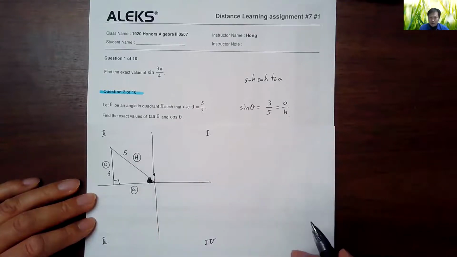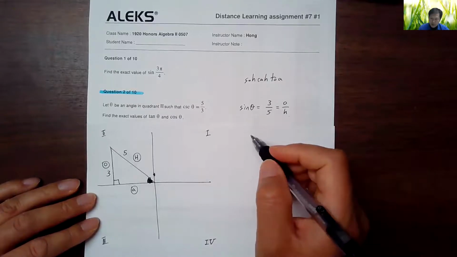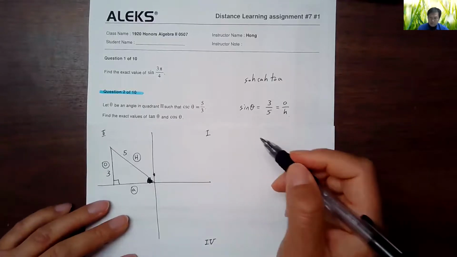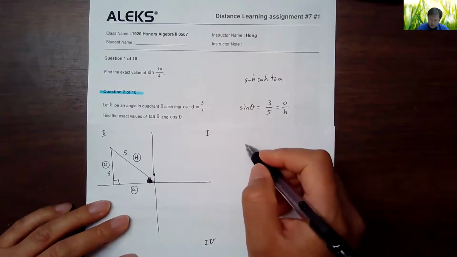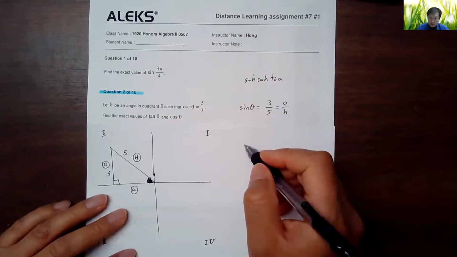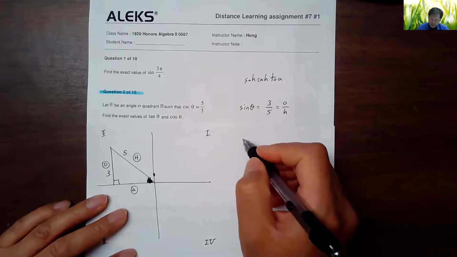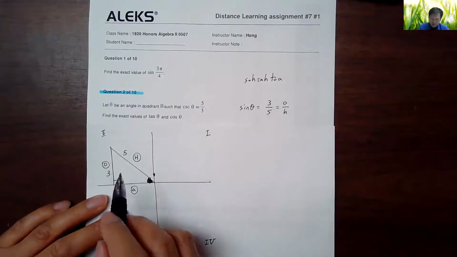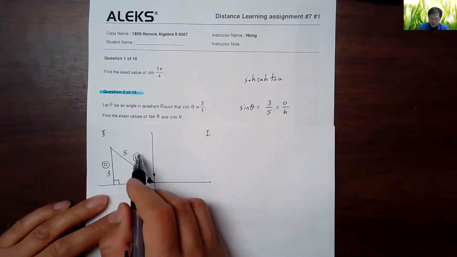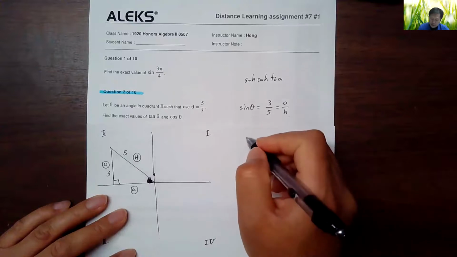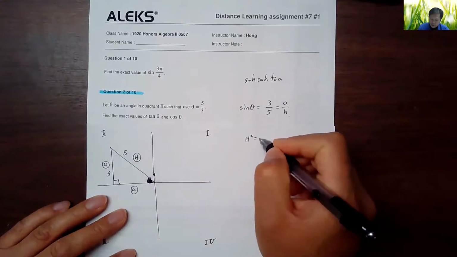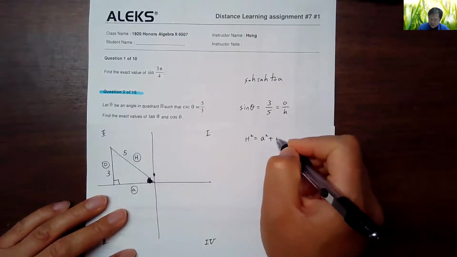If you're not familiar with the Pythagorean triple, then you will have to use the Pythagorean theorem. A squared plus b squared equals c squared, as long as c is the hypotenuse. So hypotenuse squared equals adjacent squared plus opposite squared.